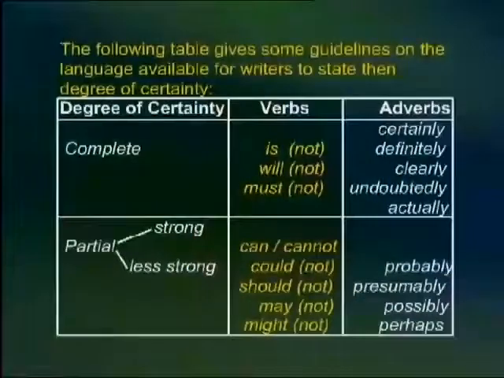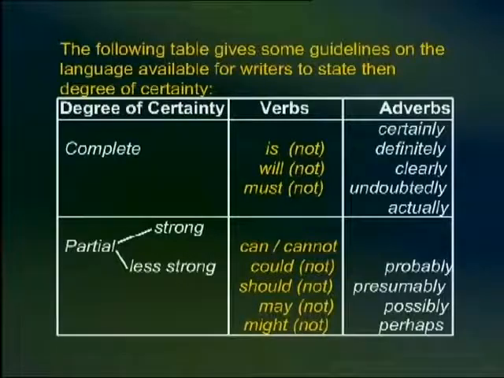So, these expressions show that the evidence is not 100% certain. Now, you can see this on a table. The table gives you some guidelines on the language available for writers to state their degree of certainty.